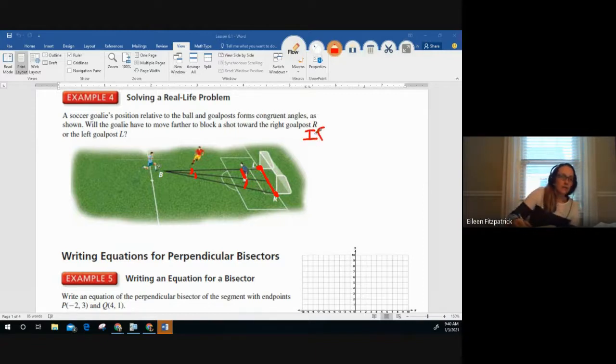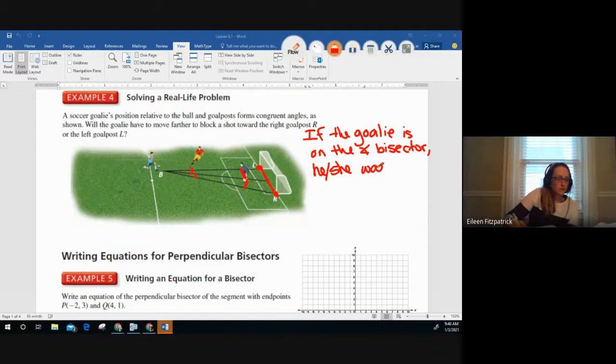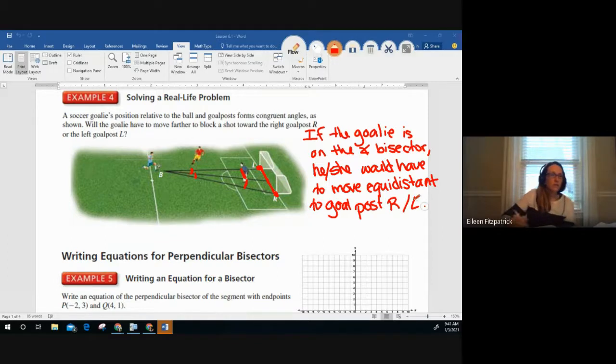So we'll say if the goalie is on the angle bisector, she would have to move equidistant to goalpost R or L. Okay, so she's going to have to move equidistant to block a shot to L or R, since she is standing on the angle bisector.